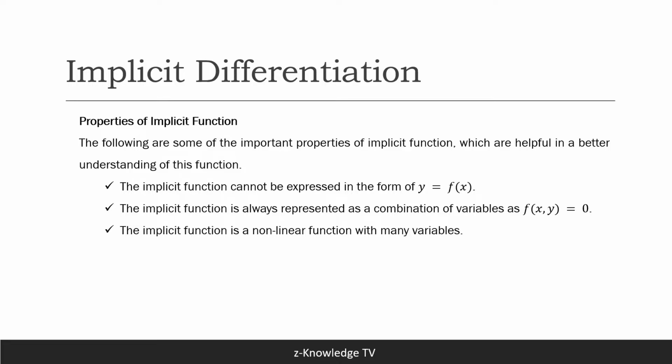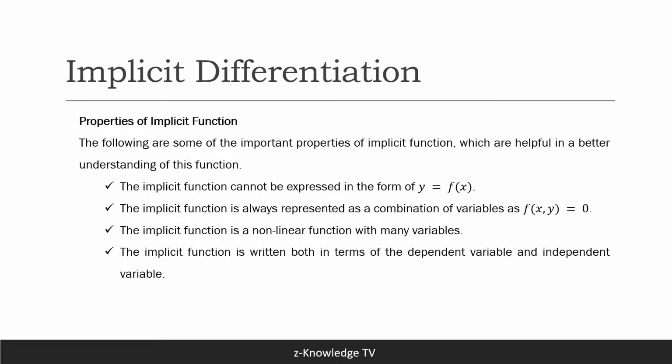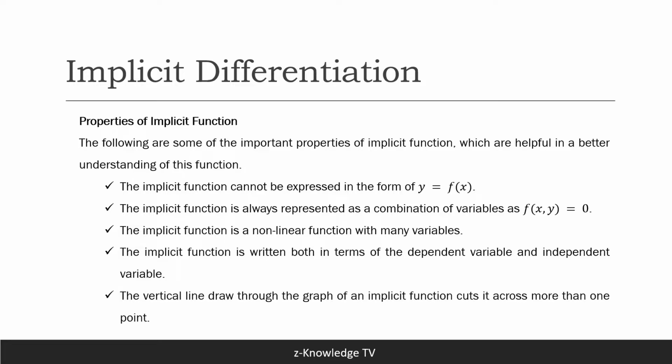Next, the implicit function is a nonlinear function with many variables. The implicit function is written both in terms of the dependent variable and independent variable. And the vertical line drawn through the graph of an implicit function cuts it across more than one point. Okay, so ito yung different properties ng implicit function.